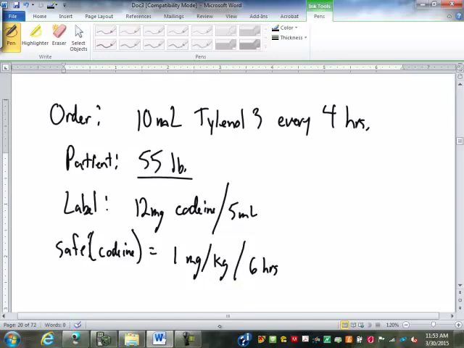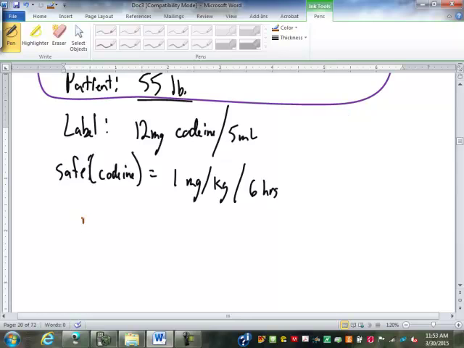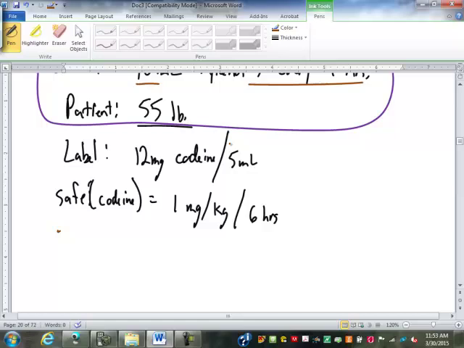So what we're going to do here is figure out what actually is the dosage that the doctor is recommending, and then what actually is the safe dosage. So we'll start out 10 milliliters every 3 to 4 hours. Well, 10 milliliters. Actually, let's go the other direction. Let's do the safe dosage for this patient first. So we keep it consistent.